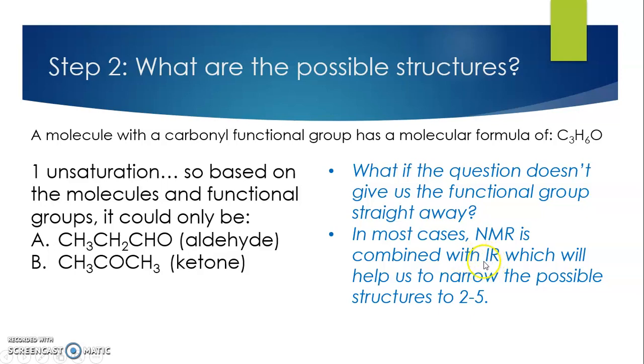So we introduced IR first. So normally we look at the IR first to identify the possible functional groups, and sometimes the combination of functional groups, in that molecule. And based on that, we write down maybe 2 or maybe 5 possible structures. Then we use NMR to determine which one is more likely.